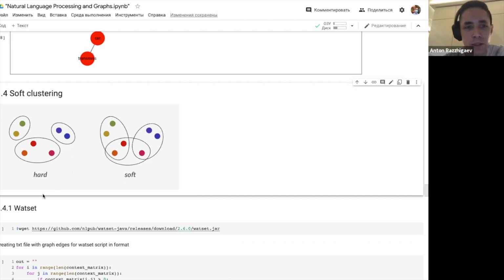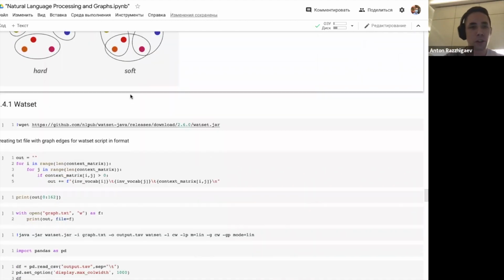Our clusters can't intersect, but sometimes one word can have several meanings and can be assigned to several clusters. This situation is described with soft clustering. In soft clustering, clusters can intersect with each other, and one node can be assigned to several clusters simultaneously.